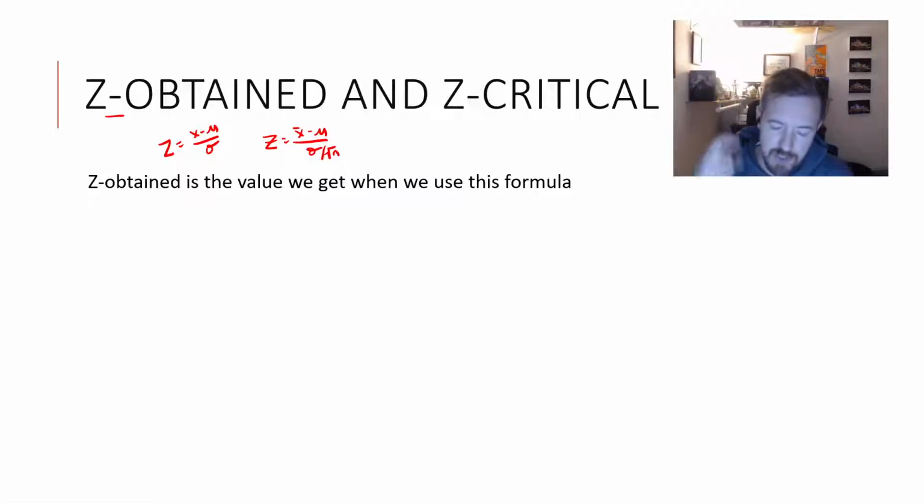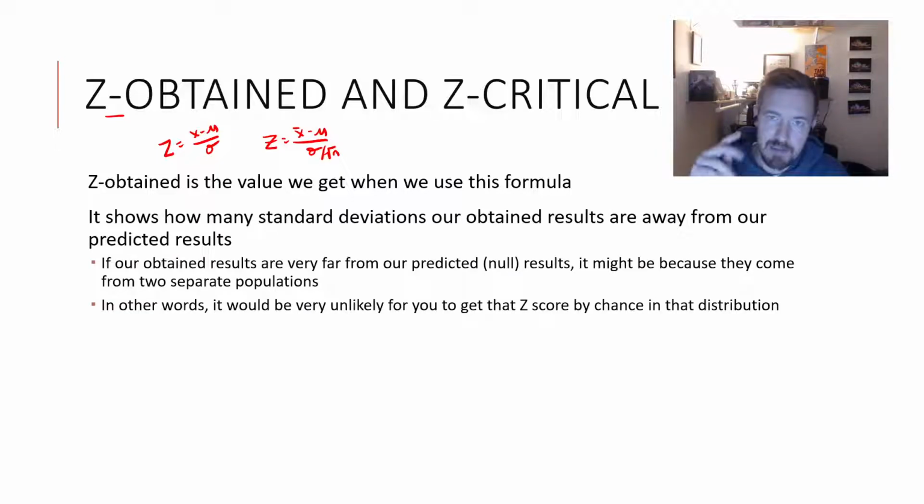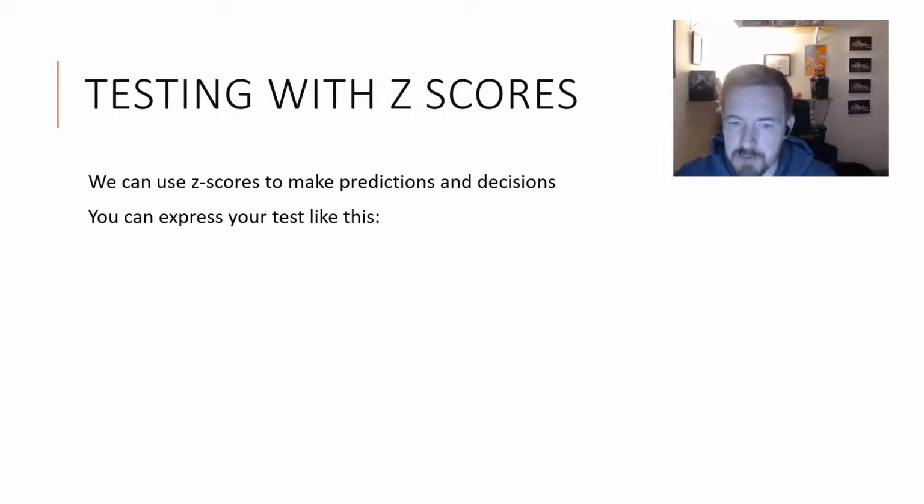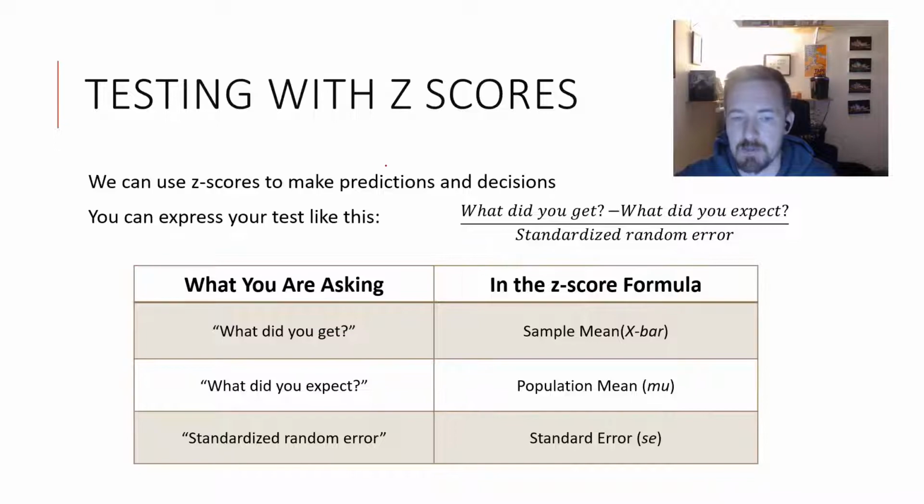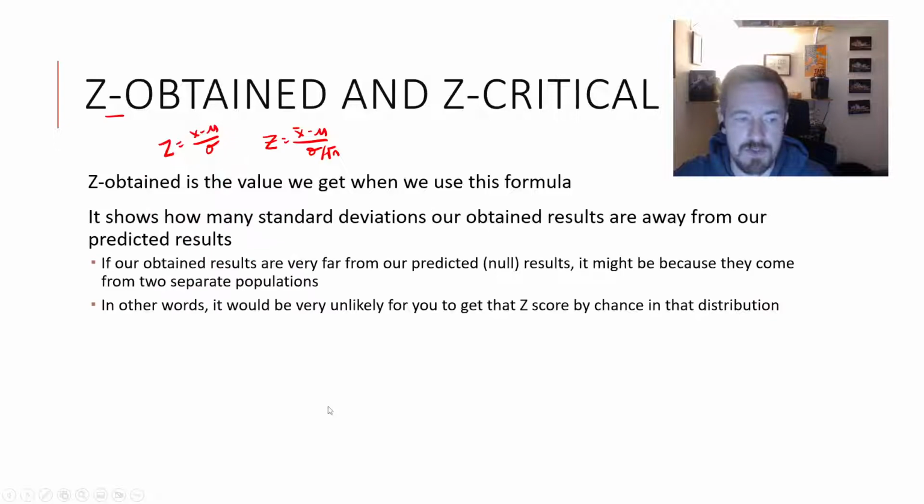It is essentially the score that you're going to get to show exactly how far away your new results are from where you thought that they would be. Which, if we backtrack a little bit, that's exactly what this is asking us to examine, right? What we got with our data, what we thought we were going to get, and a measurement of variance, or standard error or standard deviation to help us know how far away those two values are.